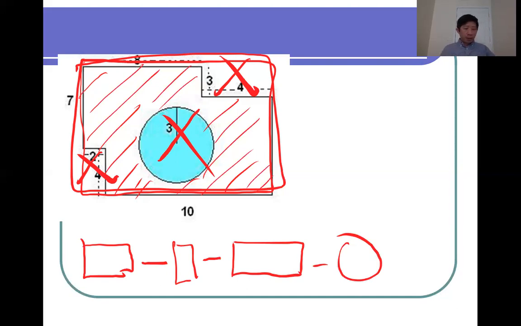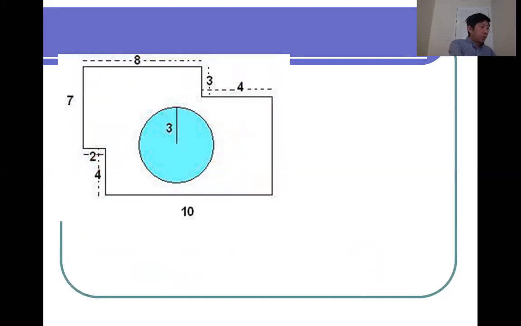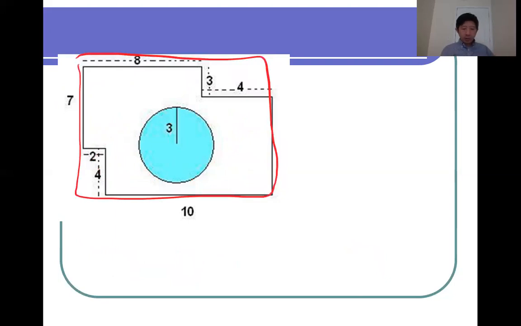If we do it this way, then let's calculate, okay? What's the total for this? This would be 11 times 10, since this is 11, right?